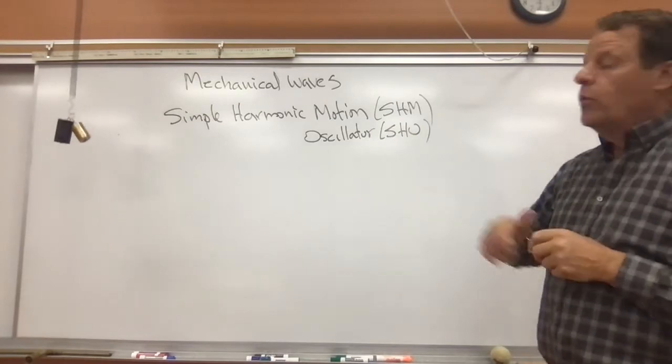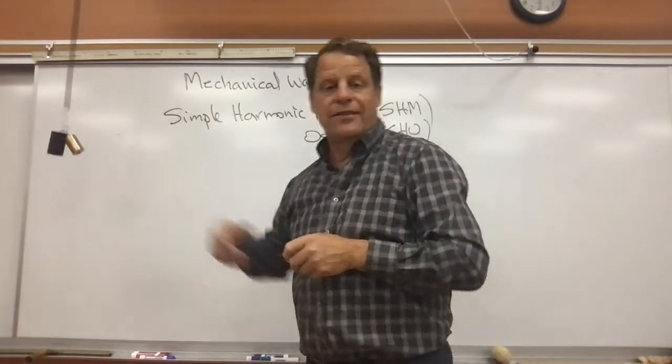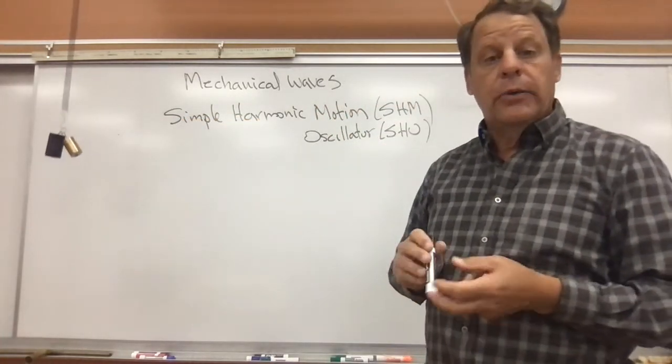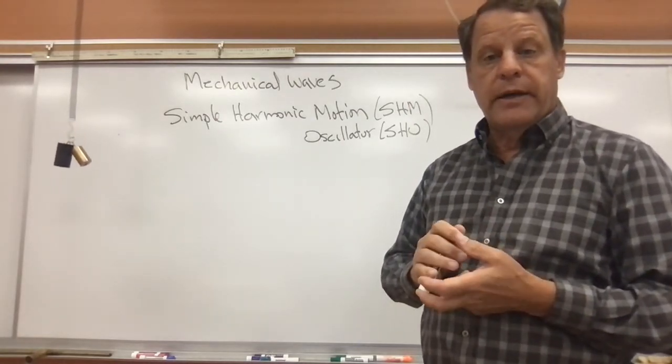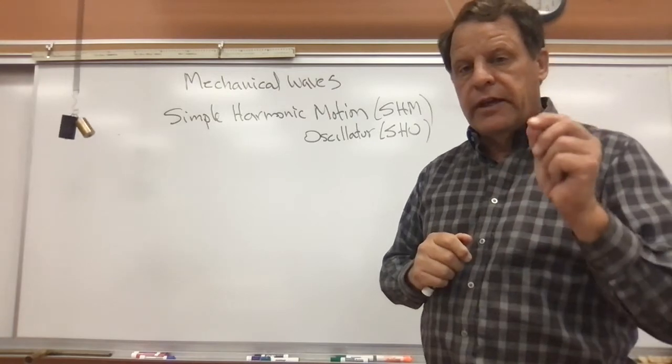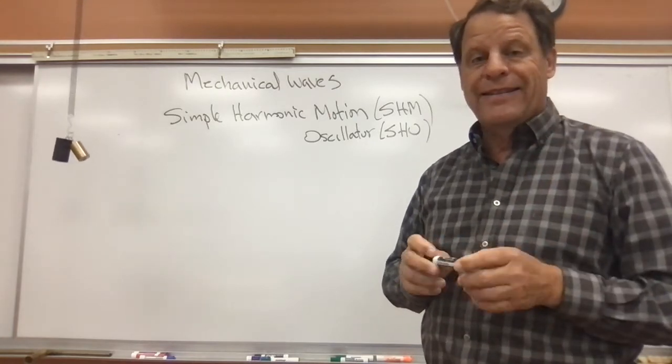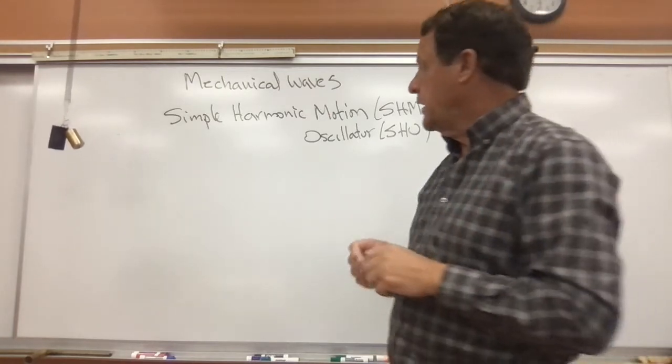We can see that this spring has slowed down, but as it goes up and down, it's kept the same period, the same time. We're going to come back to that.